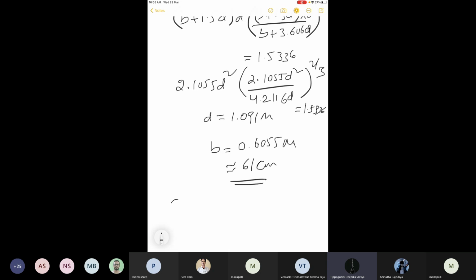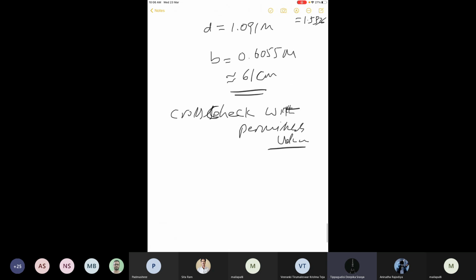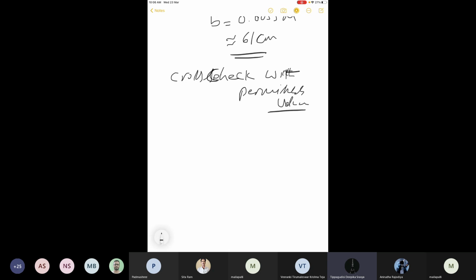You can also cross check with the permissible velocity. R is equal to A by P, the hydraulic radius.